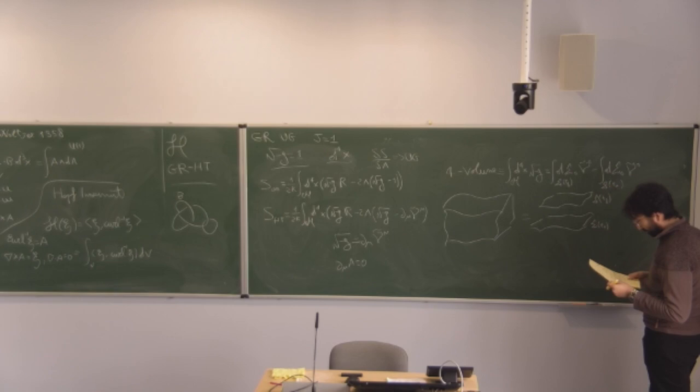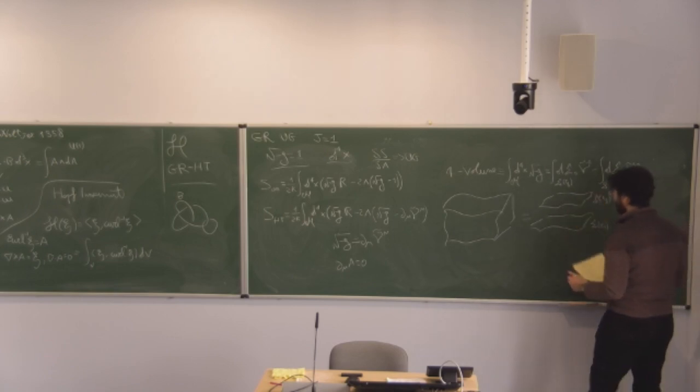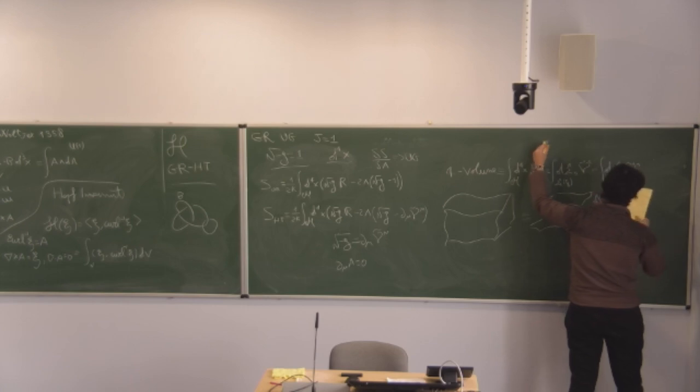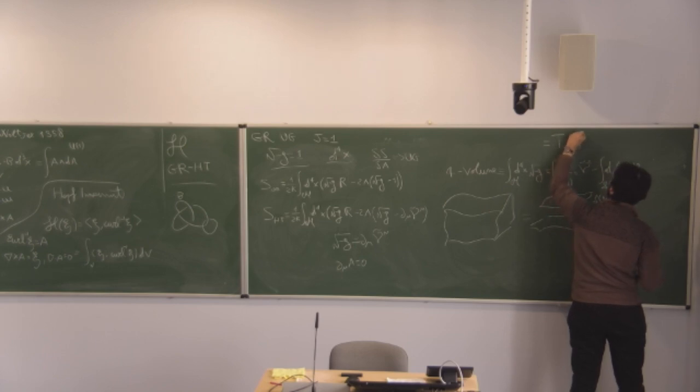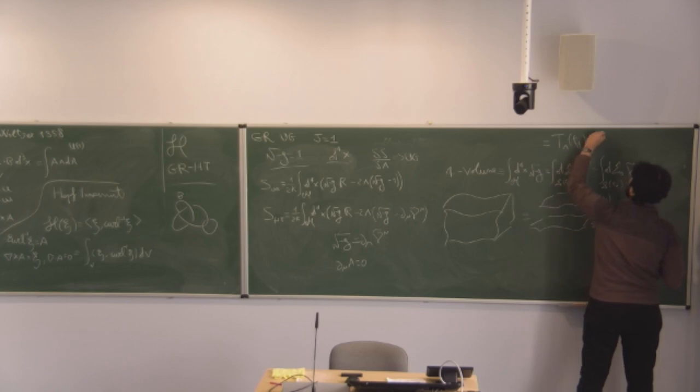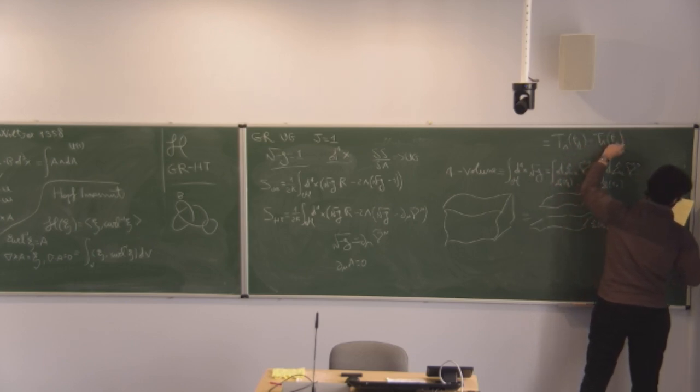Important. So basically, what Henneaux and Teitelboim have done is they redefined this as the physical time, which we define as delta t.